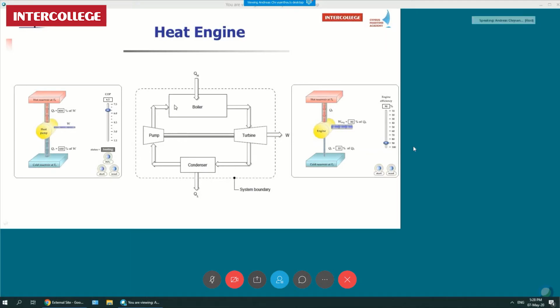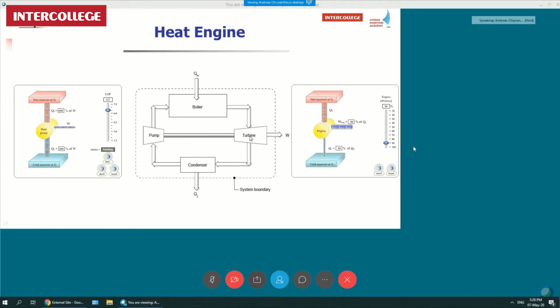Now, the medium at the moment, as we talked about the power station, is water, which converts into steam. But if we replace water with air, a gas for instance, this automatically becomes a gas turbine engine cycle.